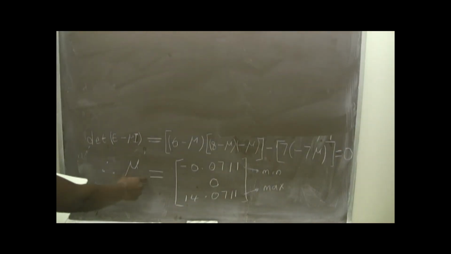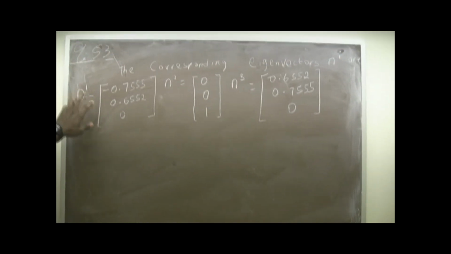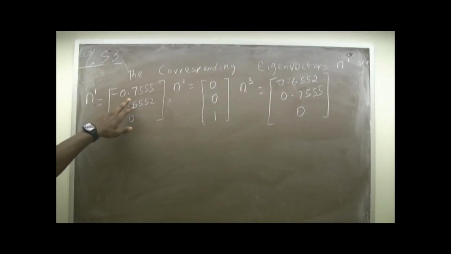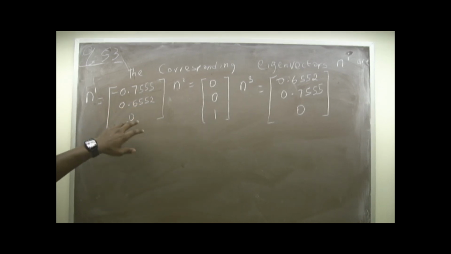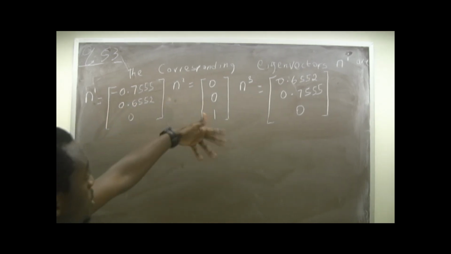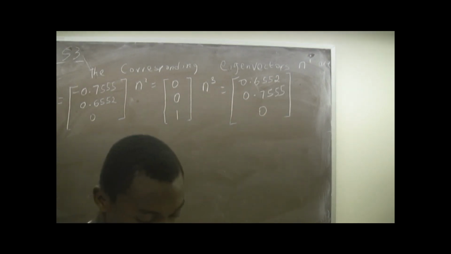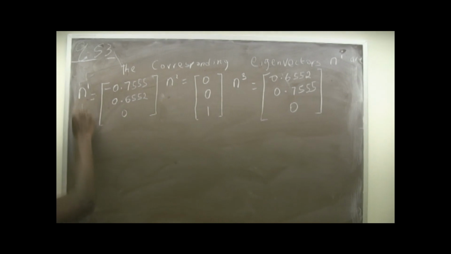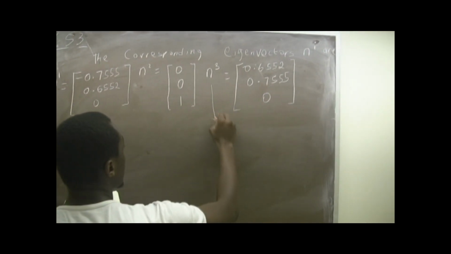The eigenvector values are obtained here, and we get corresponding eigenvectors: n1 of minus 0.7555, 0.6552, 0; n2 of 0, 0, 1; and n3 equal to 0.6552, 0.7555, 0. This is for the minimum, and this is for the maximum.